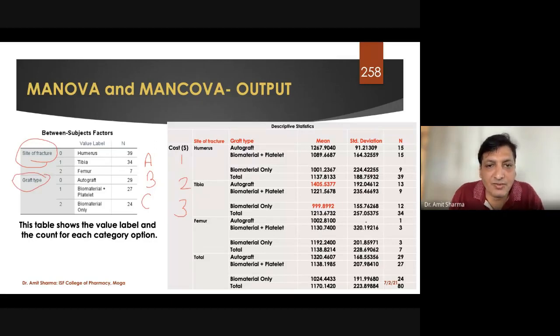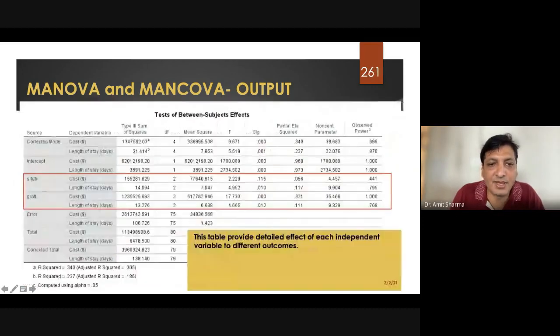So we have a set called A1, A2, A3, then a set of B1, B2, and B3, then a set of C1, C2, and C3. The total will be 9. So 9 labels you are going to get like this.